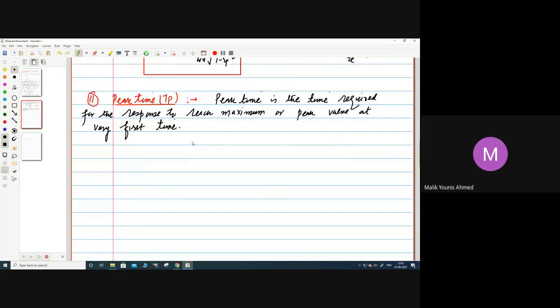Okay, let's start deriving the expression for the peak time. So how will we derive the expression? Next is the expression for TP.